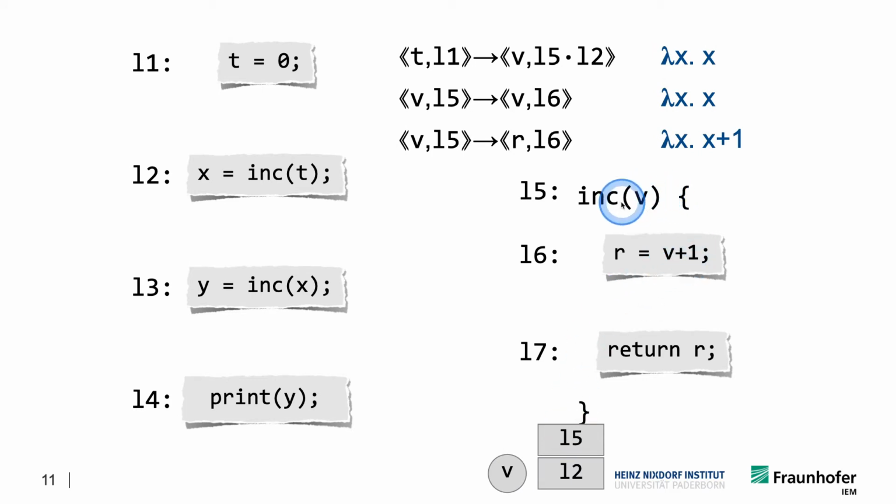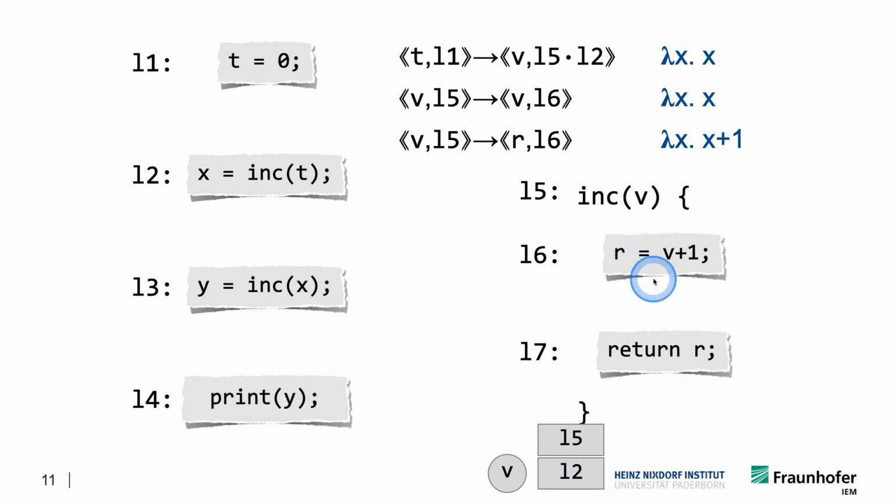Then next we are processing that particular procedure here. We now have L5 on top of the stack, so that's where the processing continues. And we now see that v, L5 maps to v, L6 because the value that's stored in v is being passed on to here.